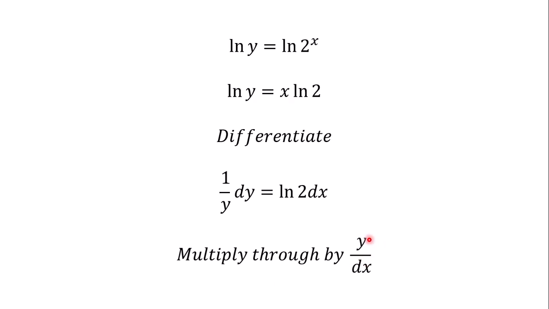Now when you multiply through by y over dx, it will take away this, and this will also take away this, and we will get our dy over dx. Okay, so let's multiply it through and see what will happen.